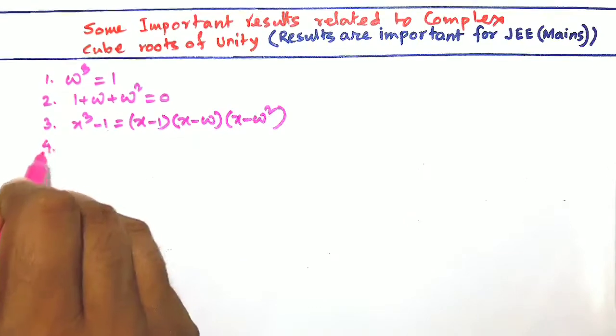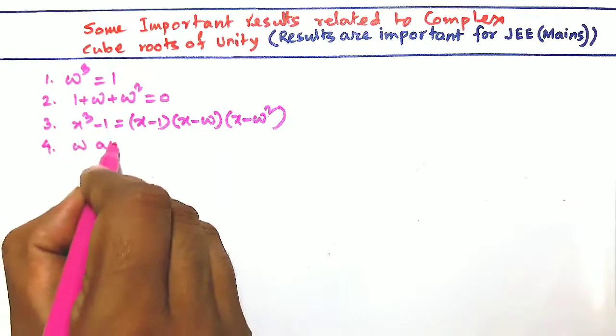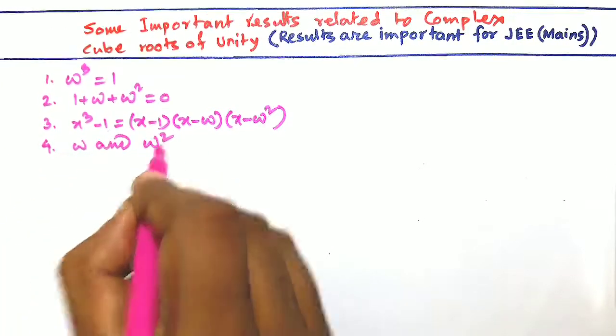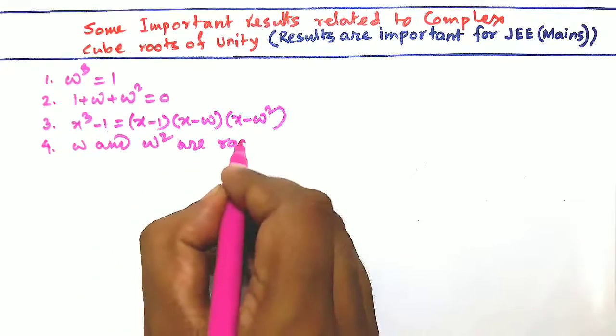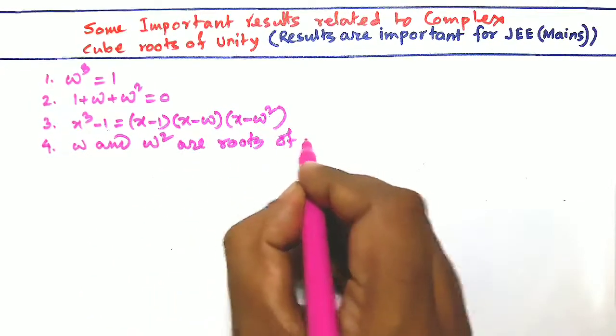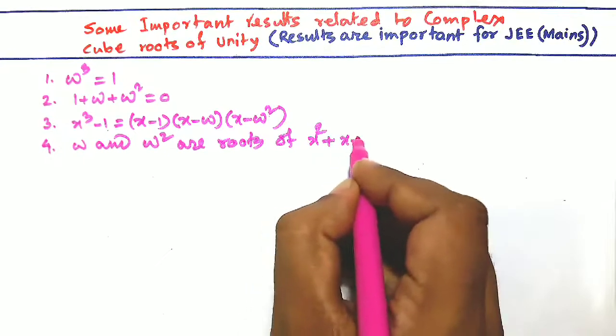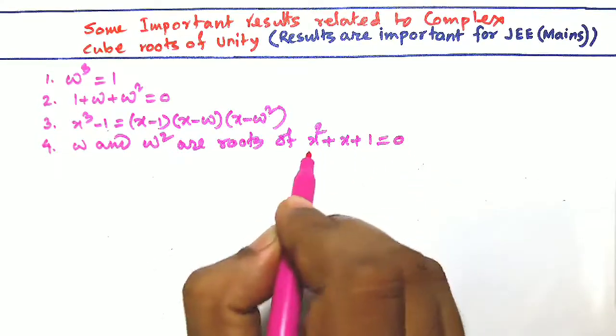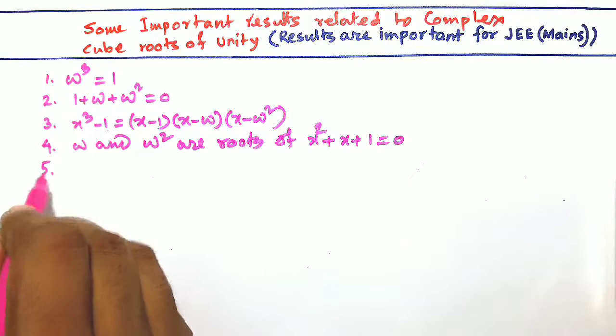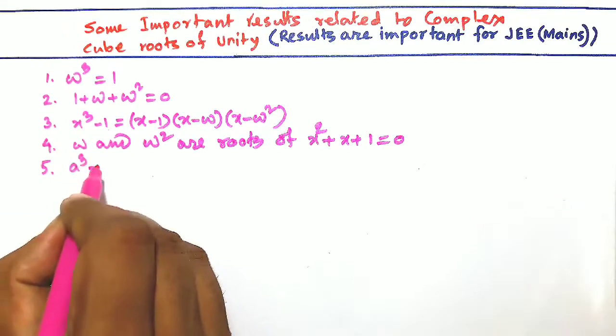Number 4, omega and omega square are roots of x square plus x plus 1 is equal to 0.